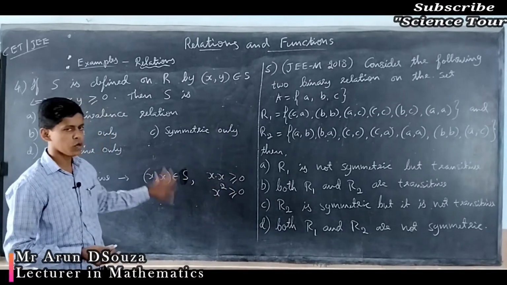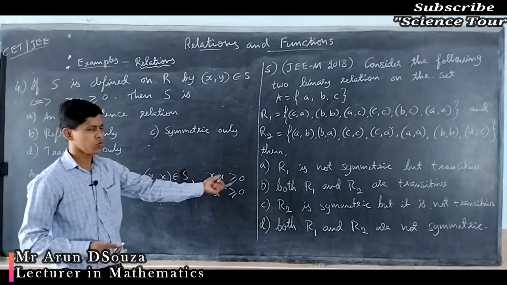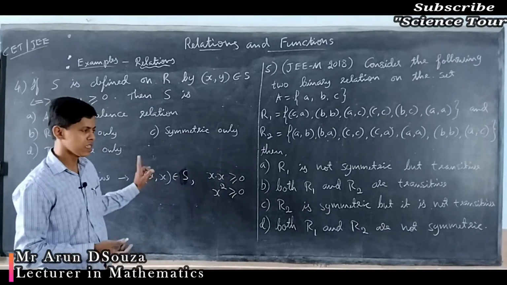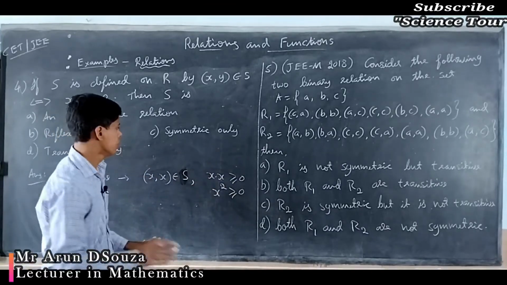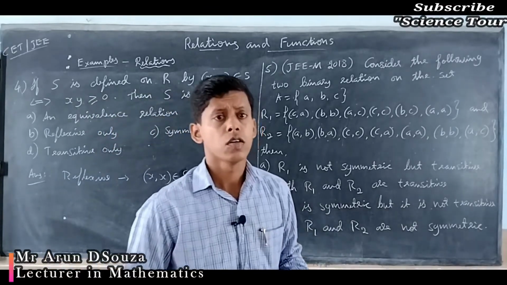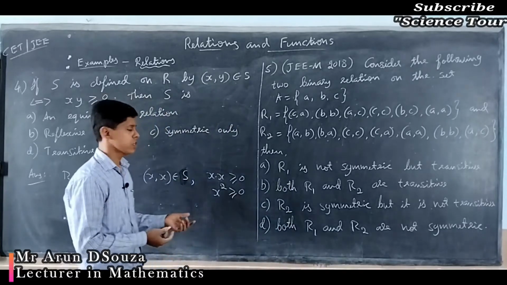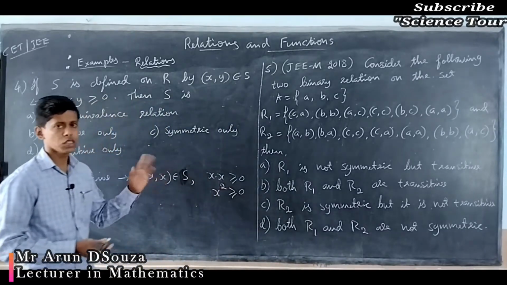You take decimals, 0.1, 0.1 square is positive, minus 0.5 squared is positive, because square is always positive. What is the job of square? The job of square is making it positive. Square makes it positive, modulus makes it positive.